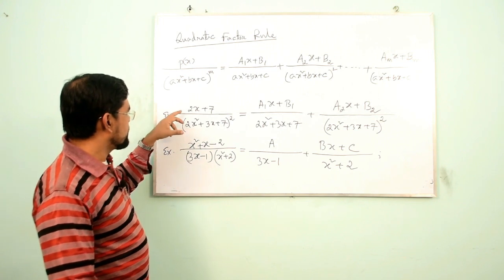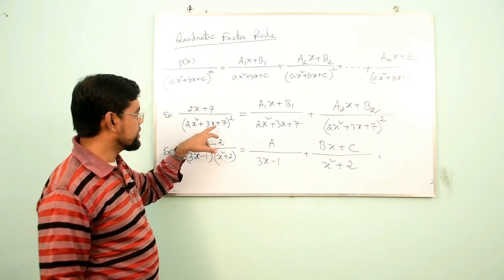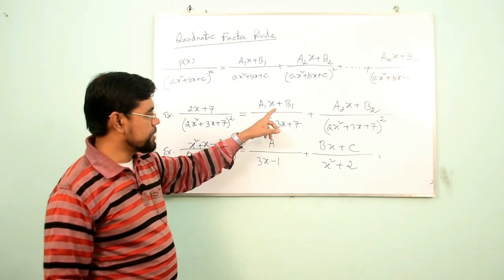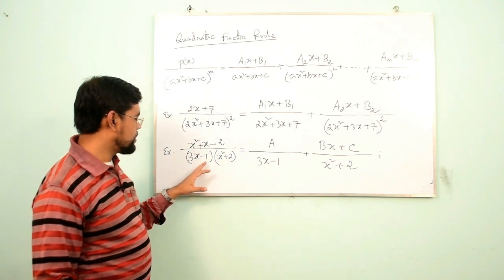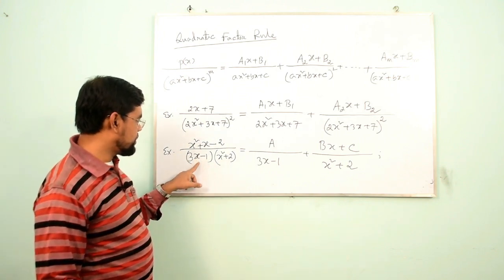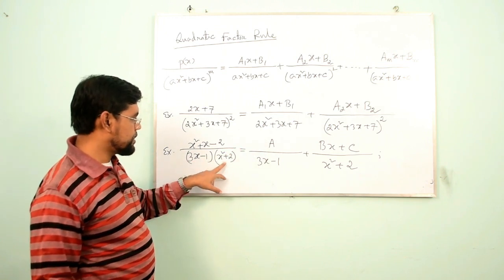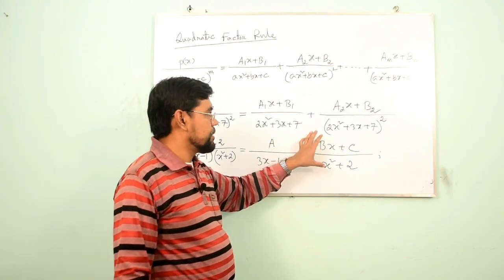For example, (2x + 7)/(2x² + 3x + 7)² contains two partial fractions, one for the quadratic factor and another for its square.